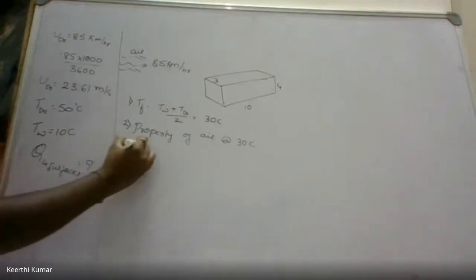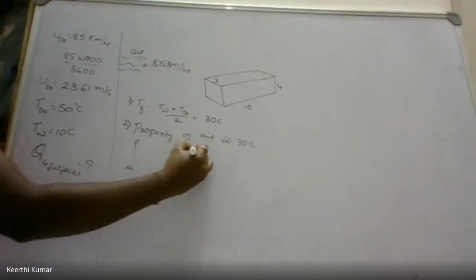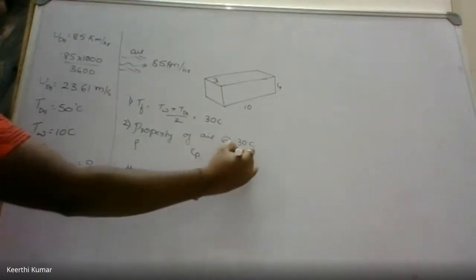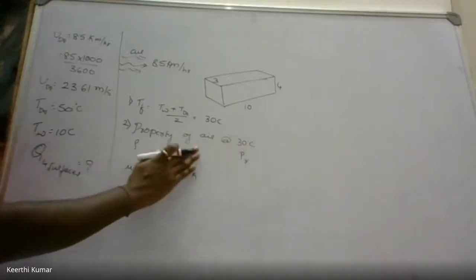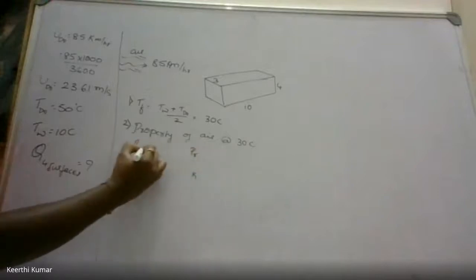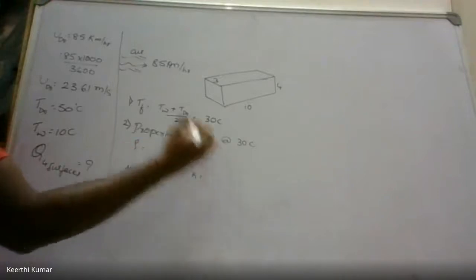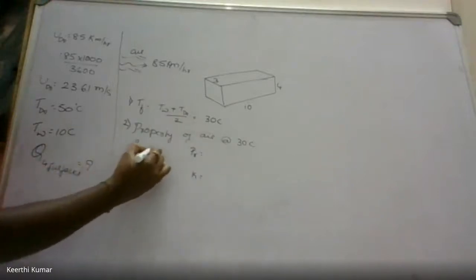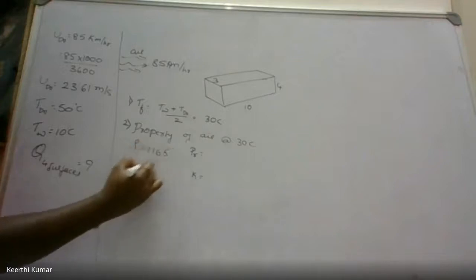What properties will we take? Rho, mu, Cp, K, Pr. Cp is not required. Pr is enough. Rho, mu, Pr, and K is enough. So rho is 1.165. Mu, I don't have, so you check what it is.